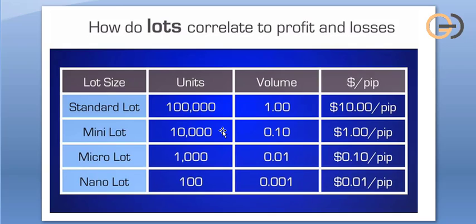So if you have a $1,000 account, you can buy a lot size of 0.01, and with the lot size 0.01, you make 10 cents per pip movement. So every movement of the price in your favor in pips will give you 10 cents. Okay, so nano lot for an account of $100, you are expected to use a volume of 0.001, which of course will give you 1 cent per pip.